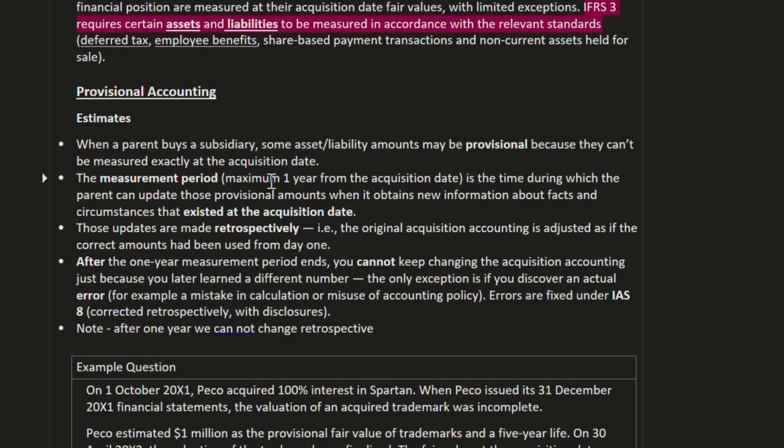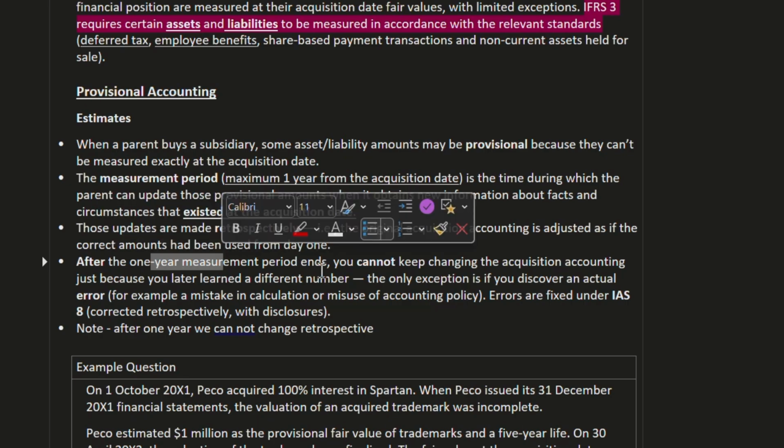The measurement period is a maximum of 1 year from the acquisition date, the time during which the parent can update those provisional amounts when it obtains new information about facts and circumstances that existed at the acquisition date, and those updates are made retrospectively. That is, the original acquisition accounting is adjusted as if the correct amount had been used from day one.